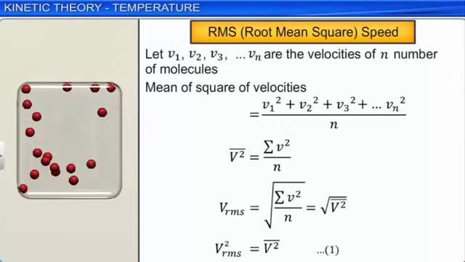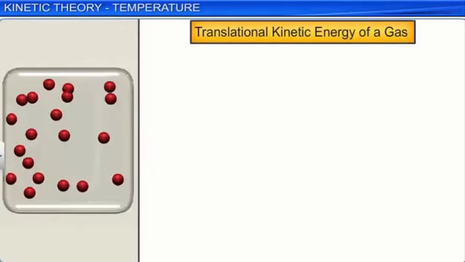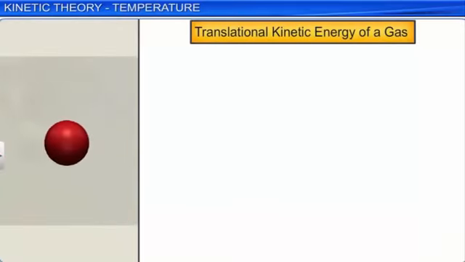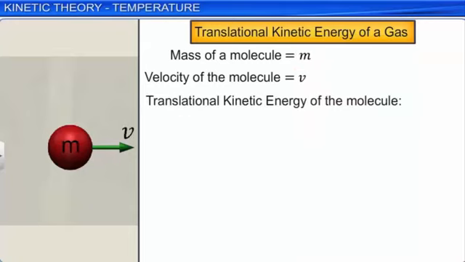Now let's understand the translational kinetic energy of a gas. If the mass of each molecule is m and is moving with the velocity v, then the translational kinetic energy of the molecule is K is equal to half mv square.